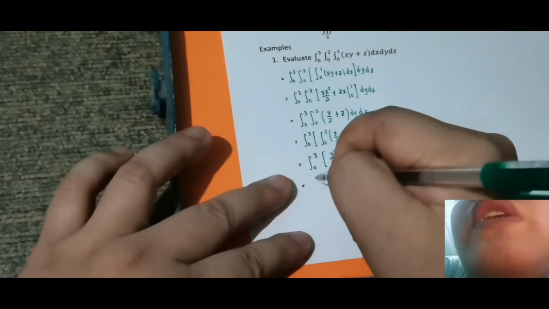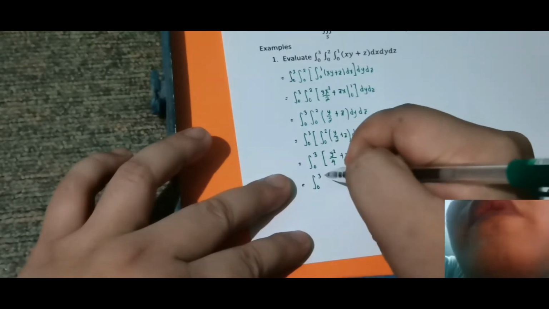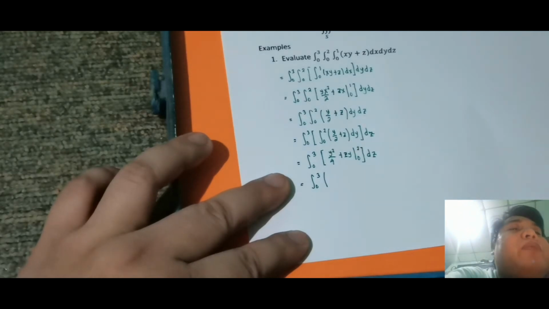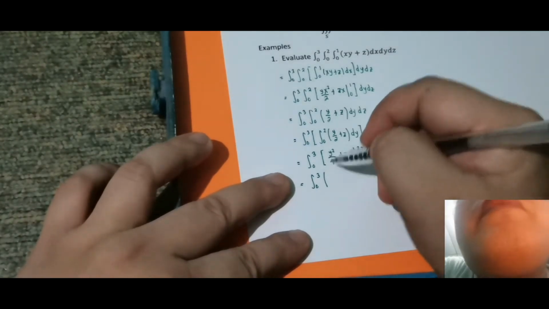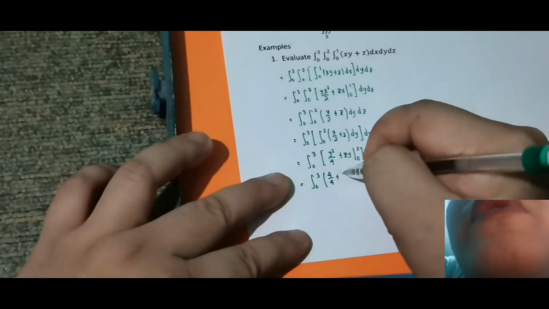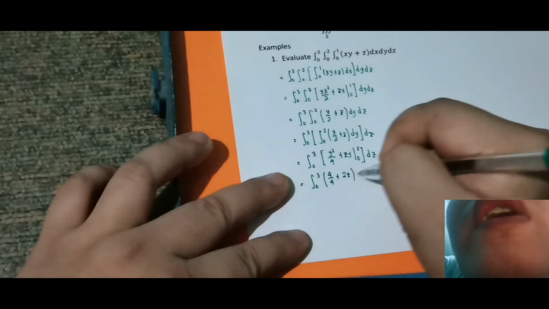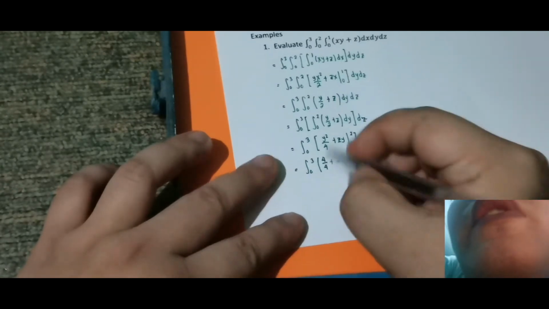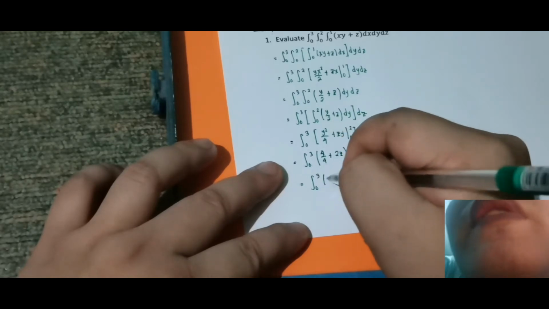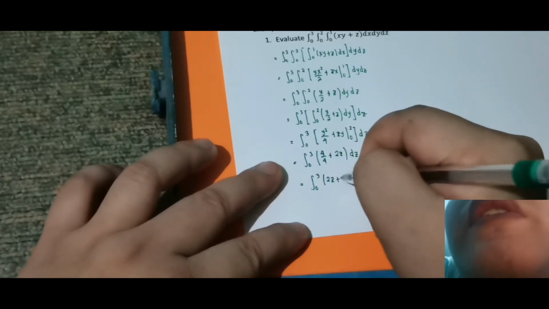So, this is just integral from 0 to 3 ng, 2 palit natin doon: 2 squared over 4, so 2 squared is 4 over 4, that is 1, plus 2z, dz. Or simply, this is equal sa integral from 0 to 3 ng 2z plus 1 dz.